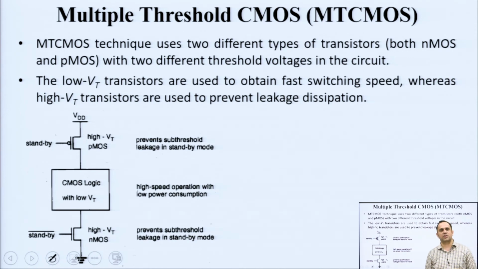So, we have considered two CMOS design techniques which exploit the body effect, which is the tuning of the threshold voltage via body potential. Whatever you apply at the substrate with respect to the source, if it is more negative for an NMOS, it increases the threshold voltage. If it is more positive for a PMOS, it increases the threshold voltage.